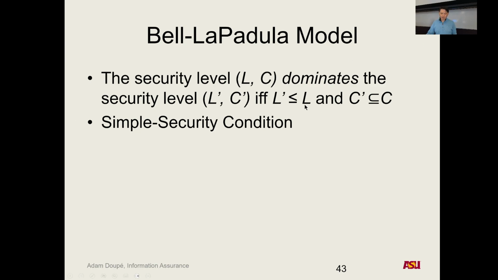And then the categories. What's the meaning of this symbol? It is a subset of the C set, right? So if the subject categories are a subset of the C set, this is the kind of if condition statement, maybe in programming, so we can judge whether L and C satisfy these conditions.